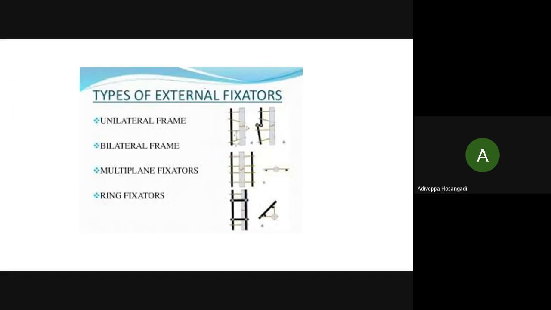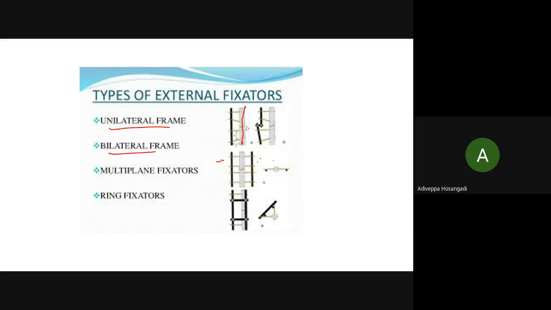So again, types of external fixator. It is very important, and it is very easy to remember. Unilateral: here the bone is on this side and the fixator is applied on only one side. Bilateral: the bone is in the middle and the fixators are on both sides.